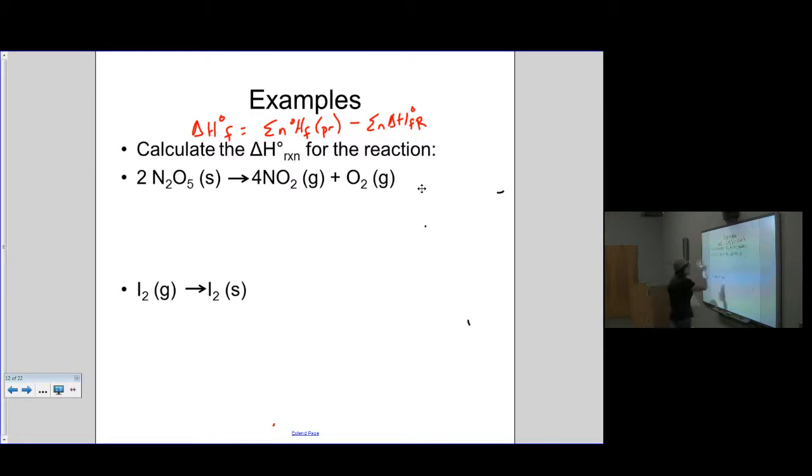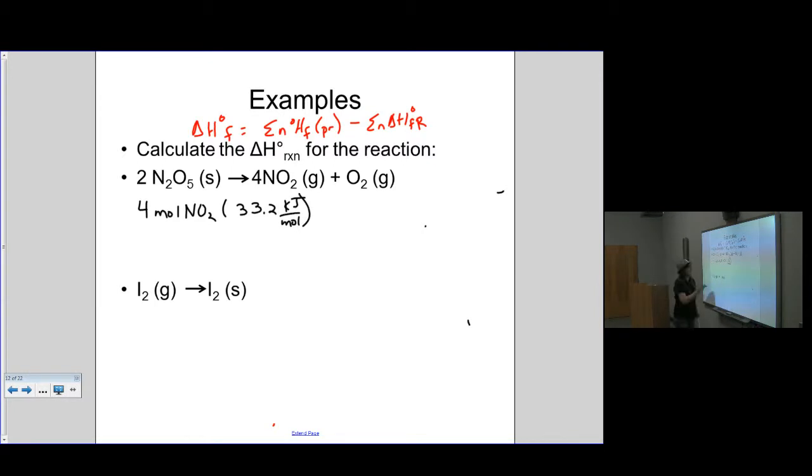Starting with the products, which is what I'm interested in, I'm going to notice that I have 4 moles of nitrogen dioxide, and that's in the form of a gas. I'm going to look up in the table, and I'm going to see that it has a value of 33.2 kilojoules per mole.